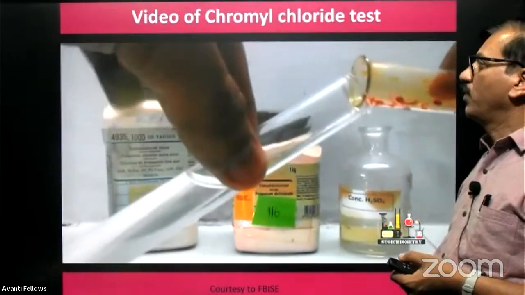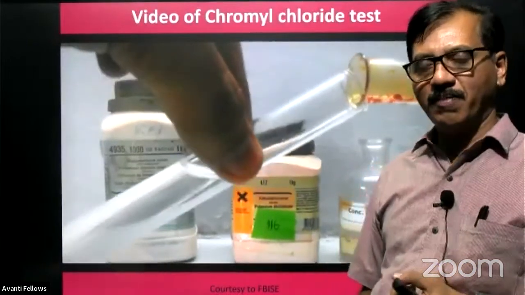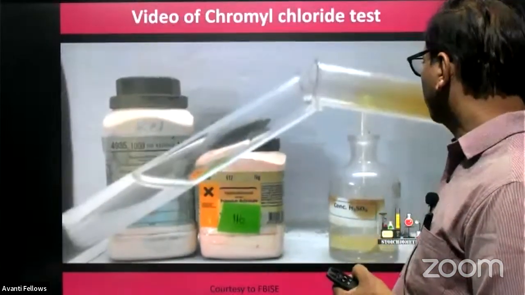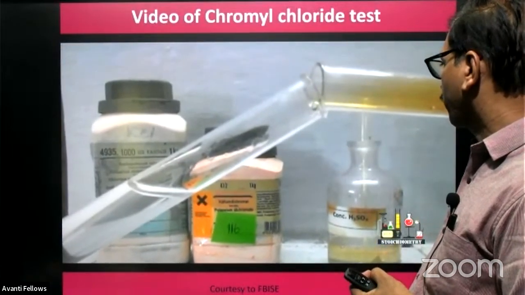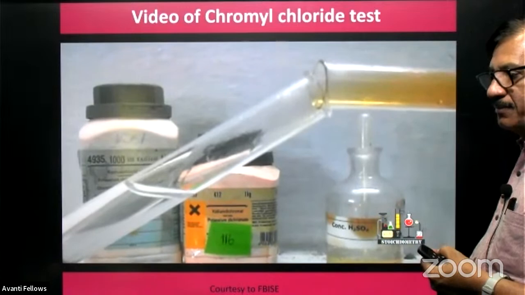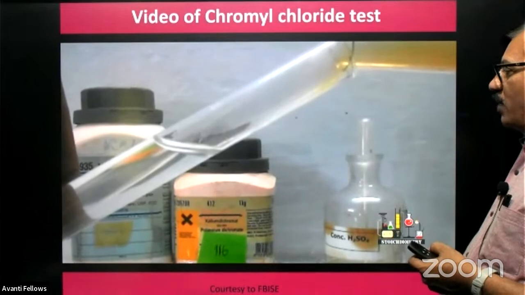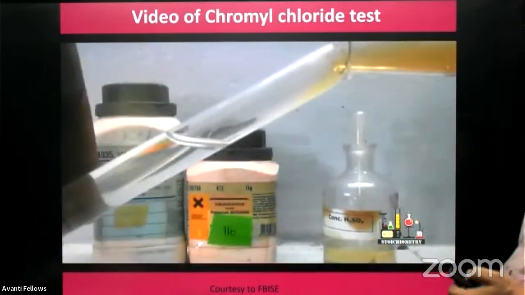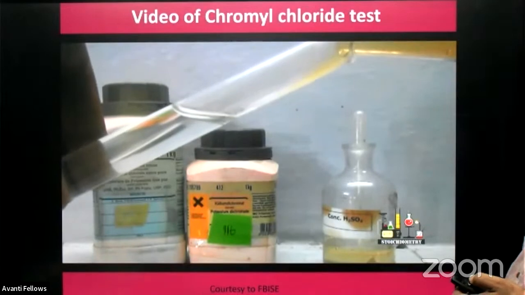If lead is present in the salt, it will give lead chromate. It is a confirmatory test for lead. When enough is passed, you can shake it so that we get the orange red precipitate.